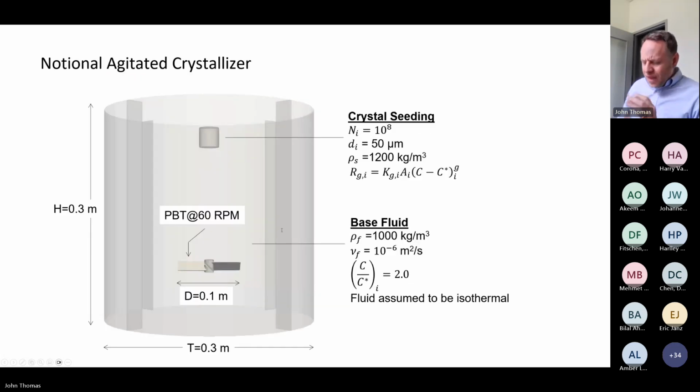Now, before we get to this more complicated crystal growth process, I want to talk about our first subgrid model, and that's energy dissipation. I can't overstate this point enough: if we can't get EDR right, energy or strain EDR right, it's going to be very hard for us to superimpose on this model more complex multi-phase dynamics.